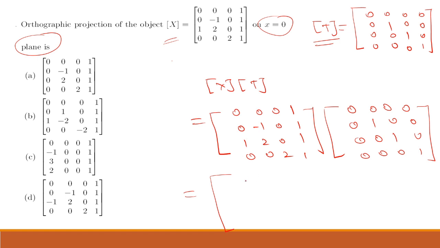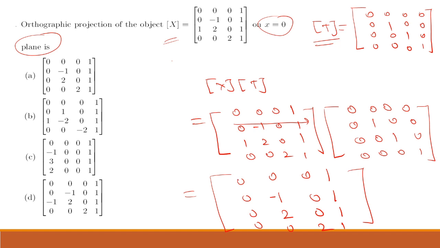The first will be 0, then the fourth row will repeat again, then the second row into the first column will be 0 again, minus 1 0 1 again, 0 2 0 1, and at last 0 0 2 1.